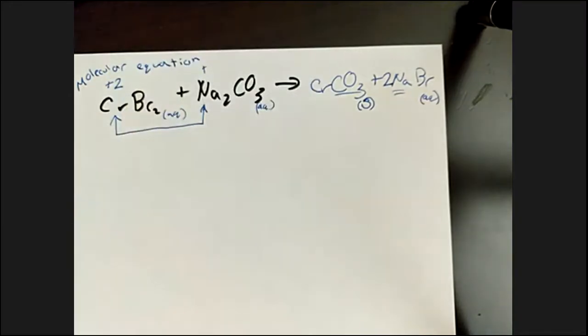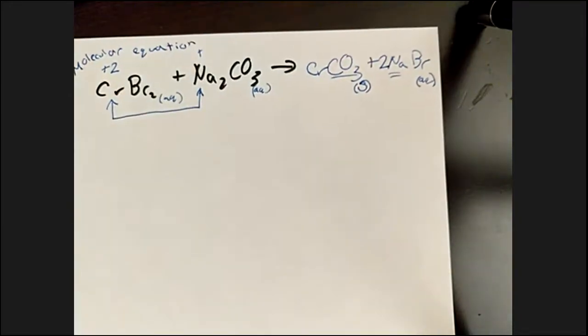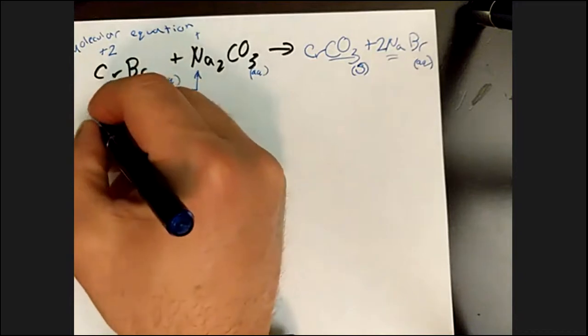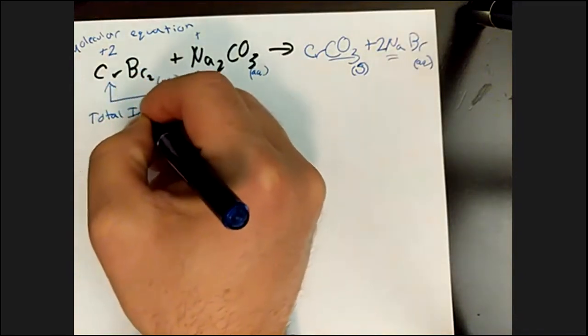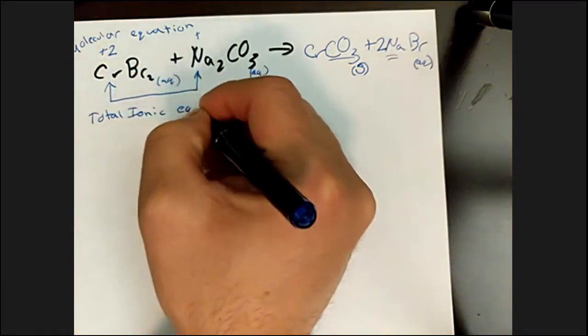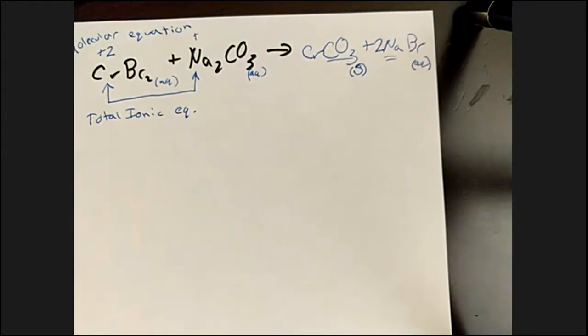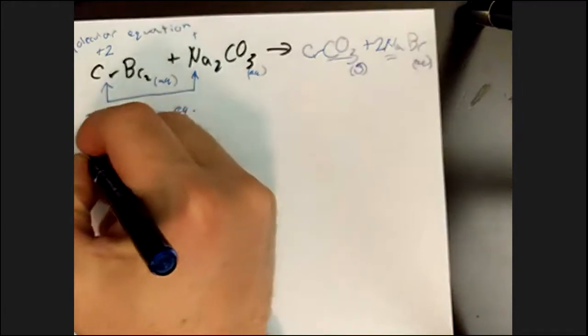Our second kind of problem that we might have from a problem like this is, what is the total ionic equation? For our total ionic equation, we separate anything that's aqueous.